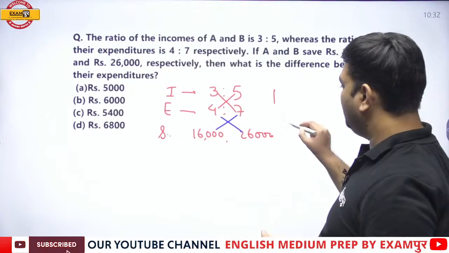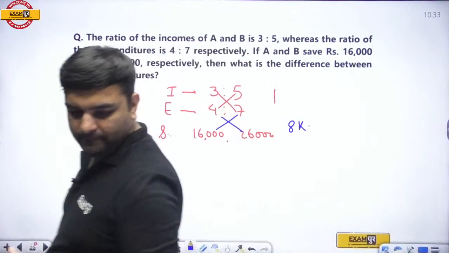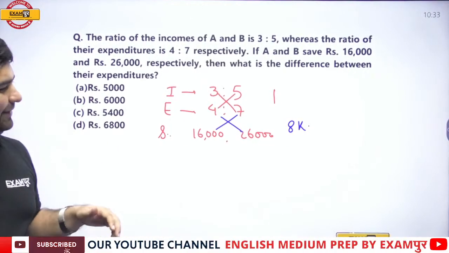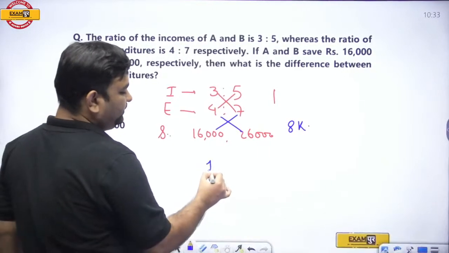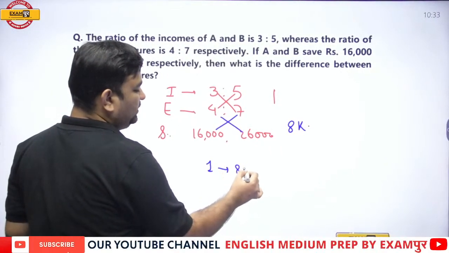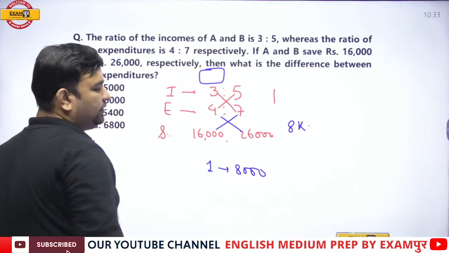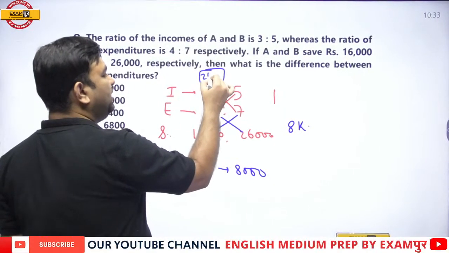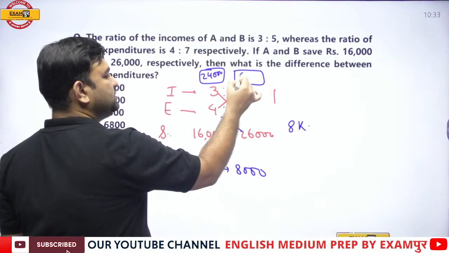So 8K. 1 is equal to 8K, 8,000. First find out the incomes. 3 8s are 24K, 24,000, and 5 8s are 40,000.